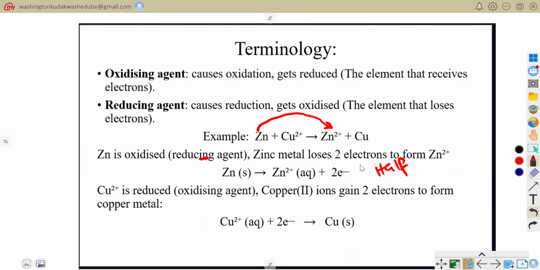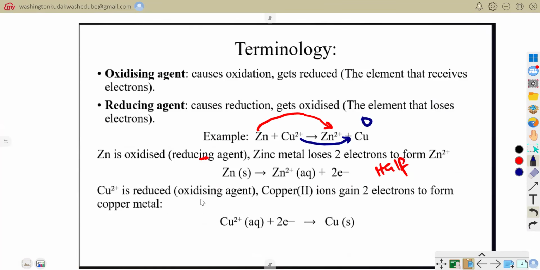And we know that loss of electrons is what? Oxidation. And then if we come to copper, we can simply see that copper 2+ is reduced. So it becomes the oxidizing agent. It has been reduced from 2+ to what? To 0. So its oxidation state is reduced, and it becomes an oxidizing agent. So copper 2+ ions gain 2 electrons to form what? Copper metal.